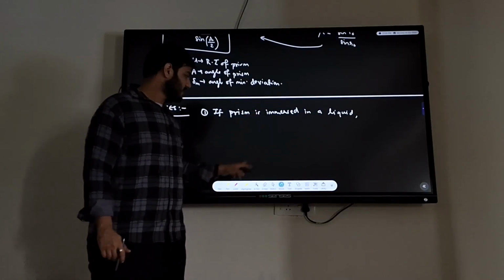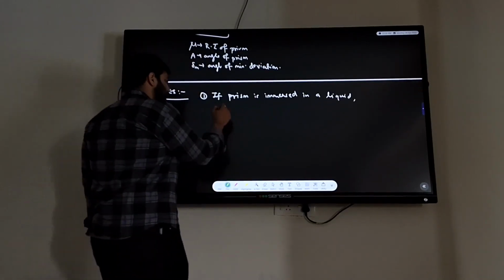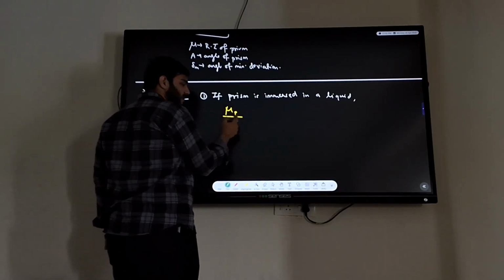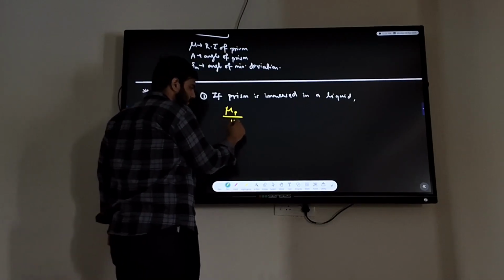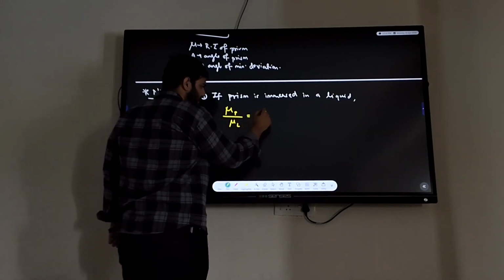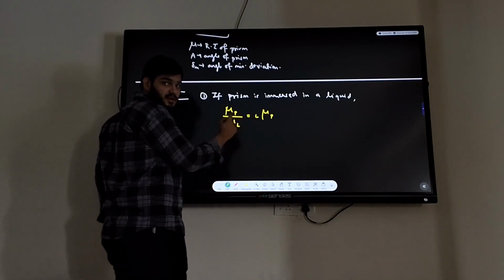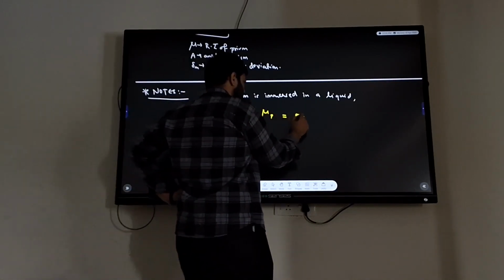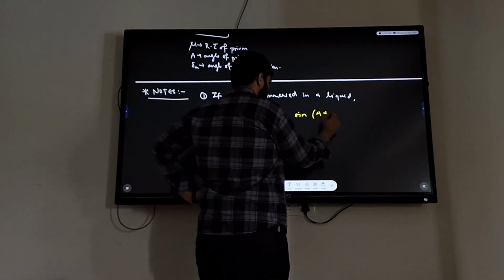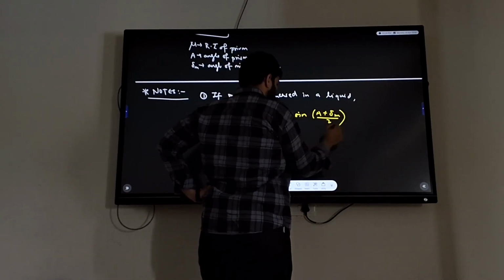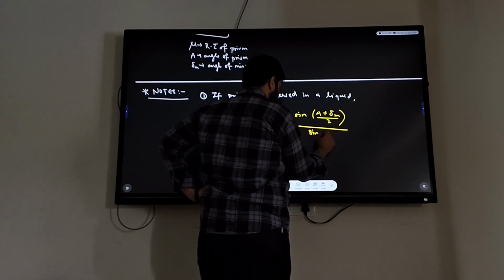And then what will be the formula that you get? You'll get something like mu P, that's mu of prism, divided by mu L. And I think it was written something like this. Please check, written correctly? Yes. This is equal to sine of A plus delta min divided by 2 over sine A by 2.